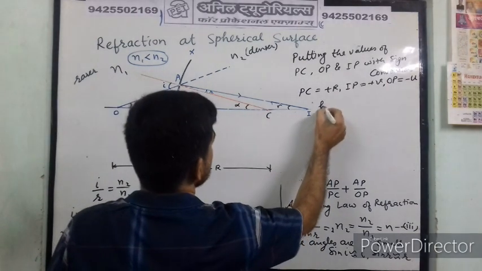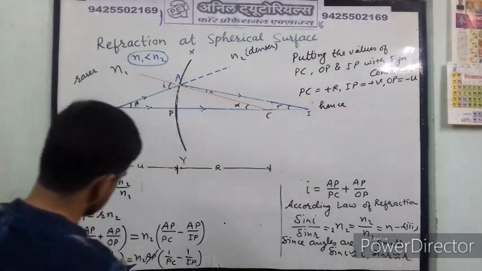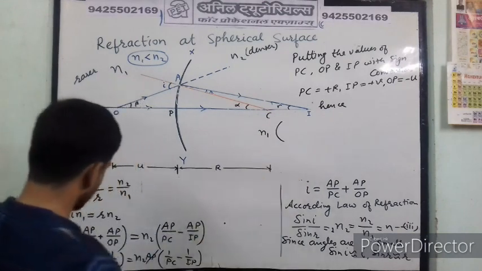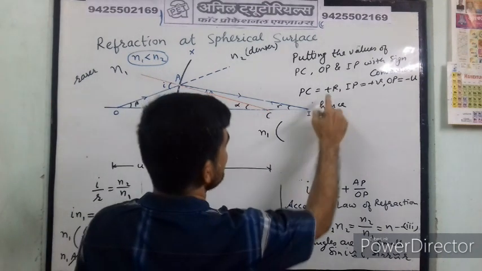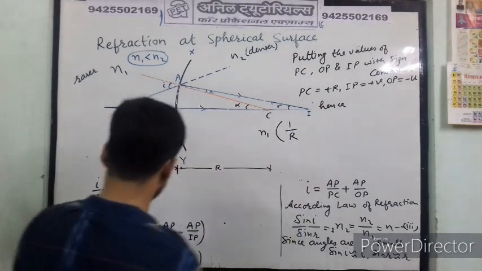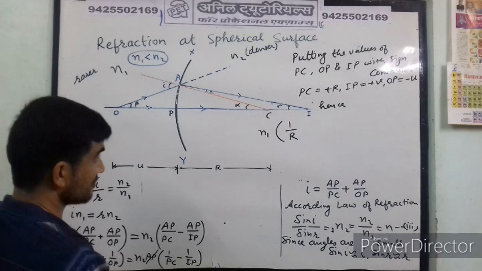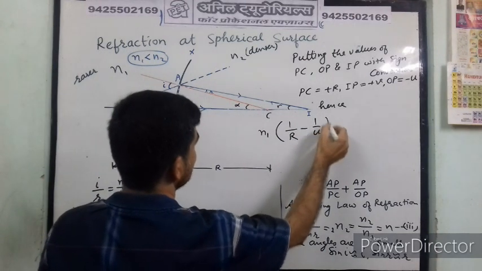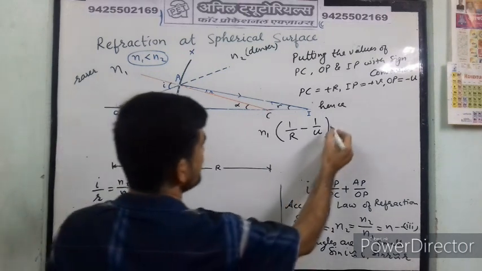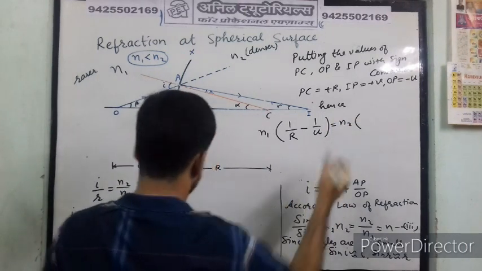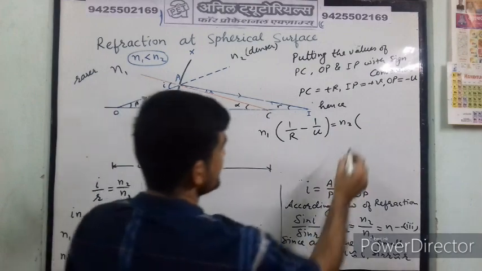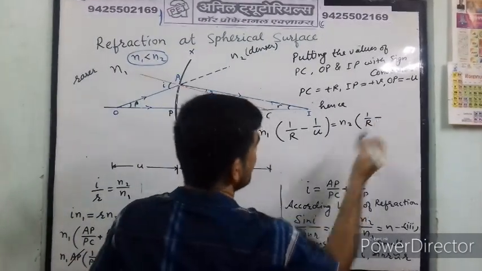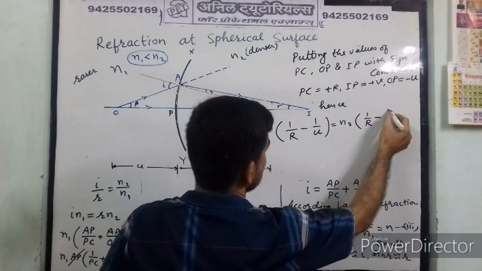Putting all these: N1 times 1 upon PC, so PC is equal to R, plus, what about OP? OP is negative u. N2 times 1 upon PC, PC is plus R, minus IP, which is also plus, so we take it as it is.